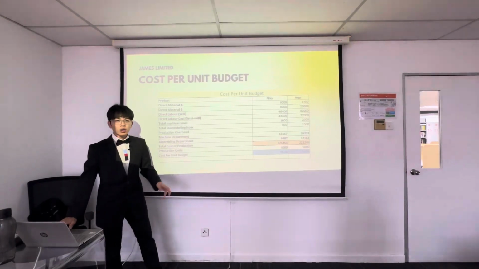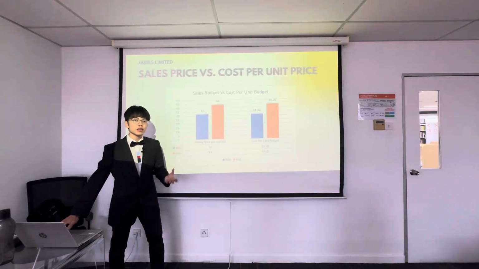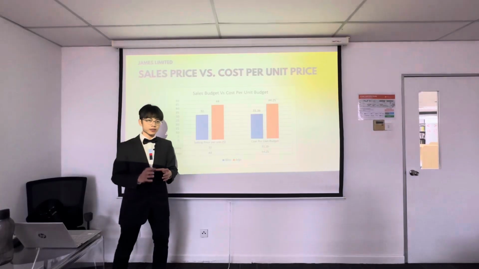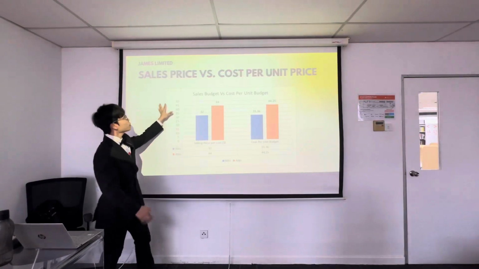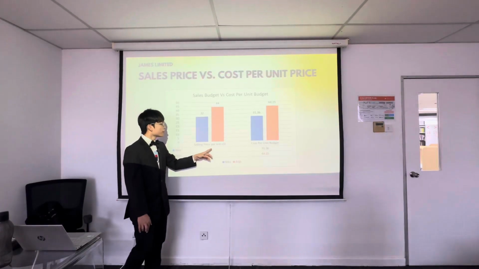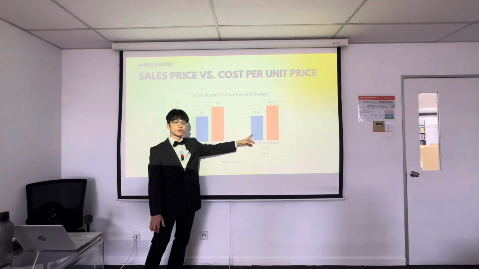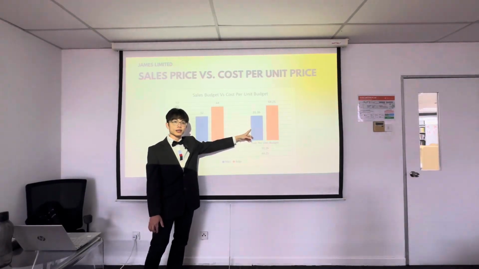Now, the cost per unit and the selling price will affect the company, because when we put them together and compare them, we can see that the selling price for NICs is about $32, but the cost per NIC is about $31.36.